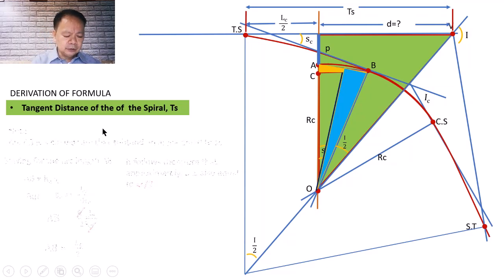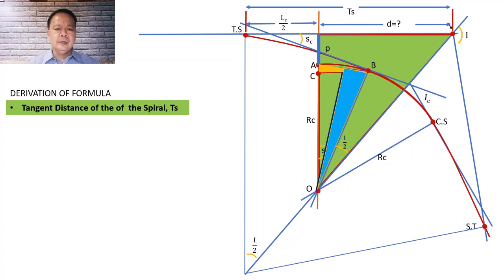Ipakita natin dito yung ratio and proportion na mabubuo natin, di ba? Now, let us try to imagine that we consider this length of this AC, di ba? If the ratio of this AC to the hypotenuse of that small triangle shall be taken, then the ratio of that must be equal.